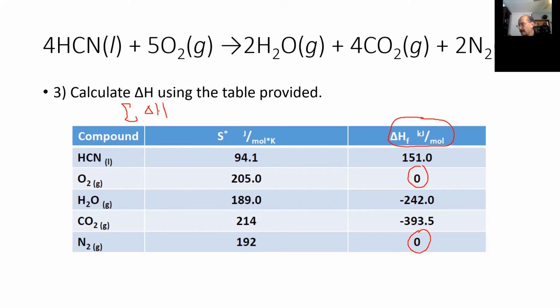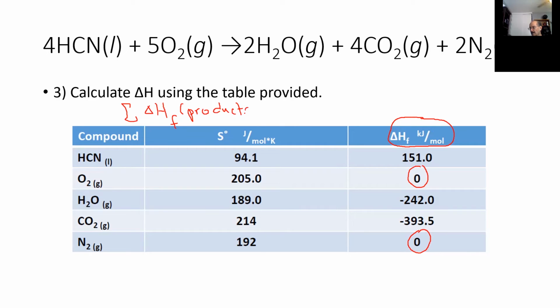I explained in the lecture, just a review from Chem 1A, that what we're doing essentially is inventing a path for this so that we can calculate what's important, which is the end and the beginning.